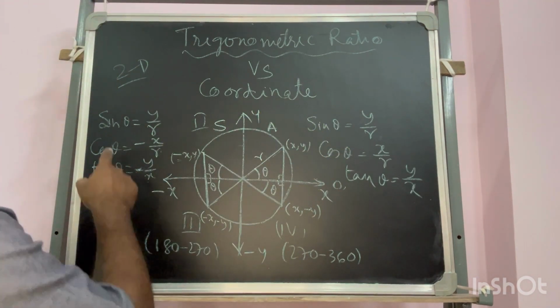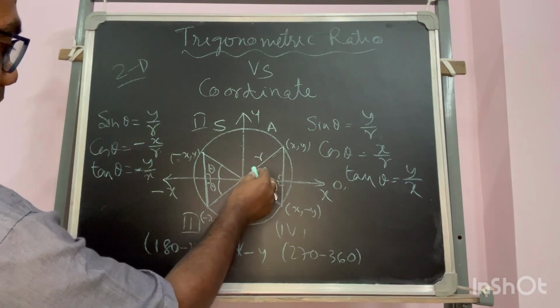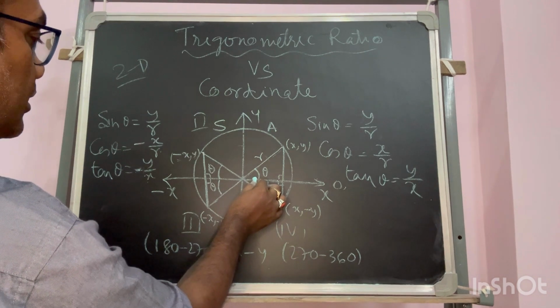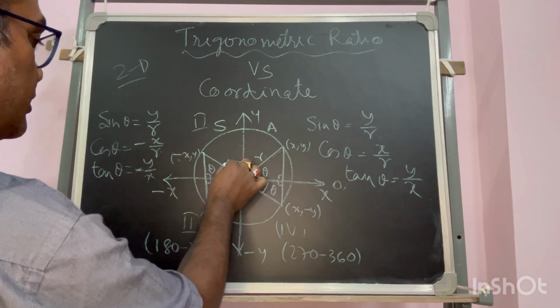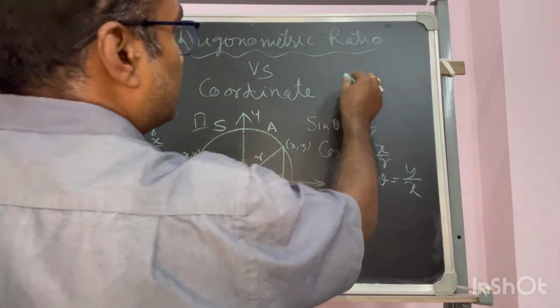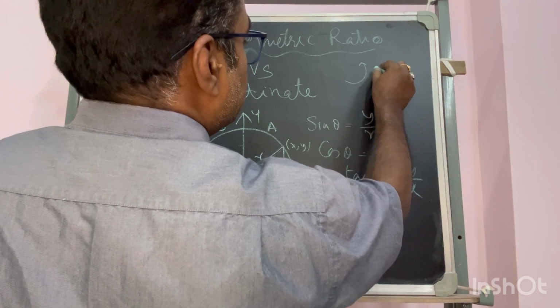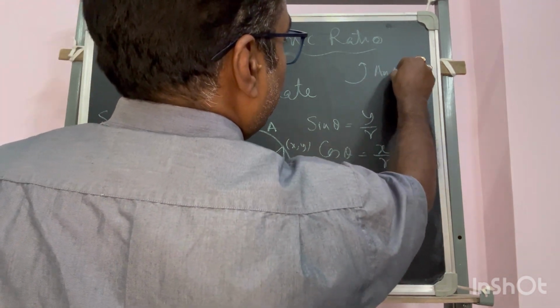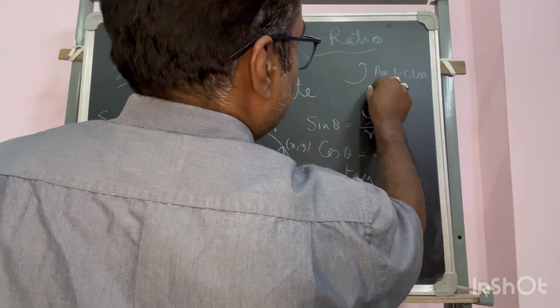Now this angle I have taken as theta because value-wise it is the same, but ultimately I have to consider the angle in a positive direction, because the orientation of angle measurement is always anti-clockwise, and that has to be positive.